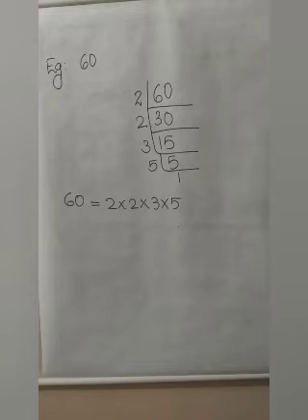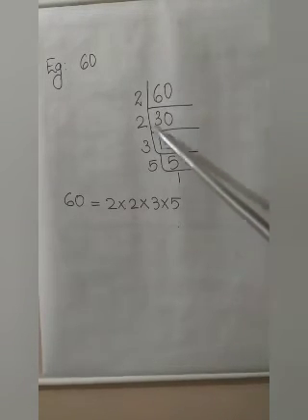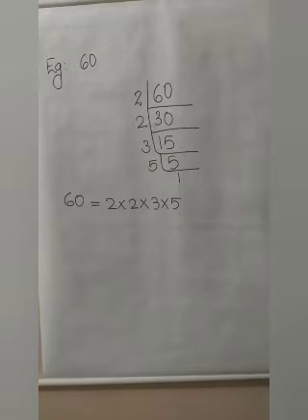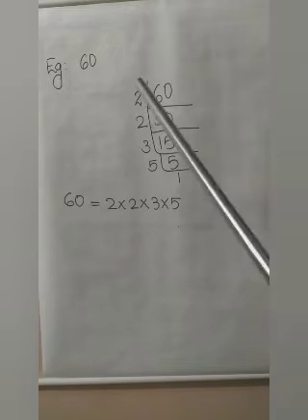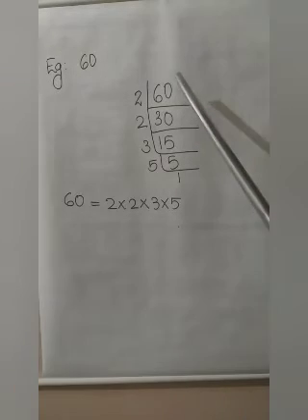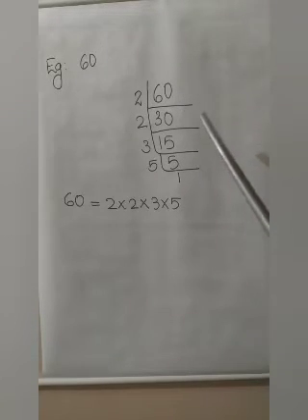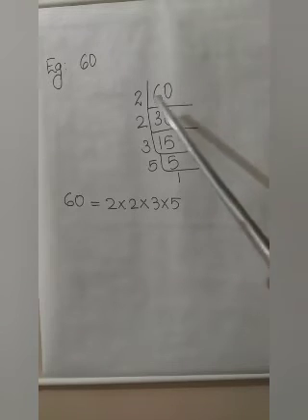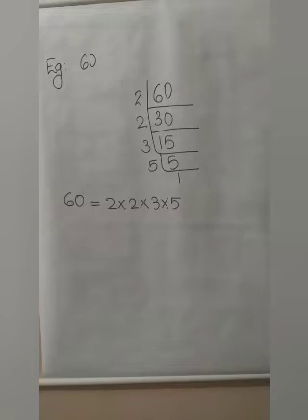So the very important thing is that the numbers we use here should be prime numbers. So first we are prime factoring 60, so we have to divide that number. We need prime factors. 60 is an even number. Here we are using the divisibility rules.